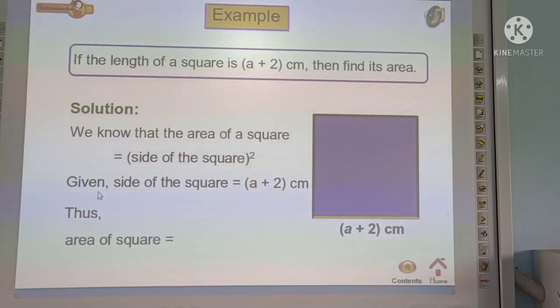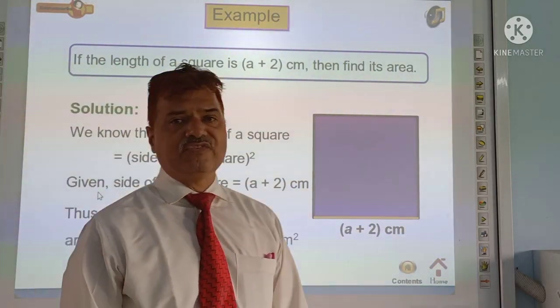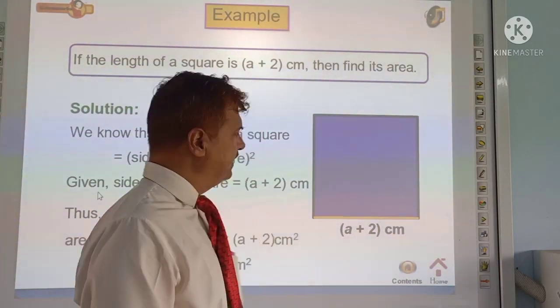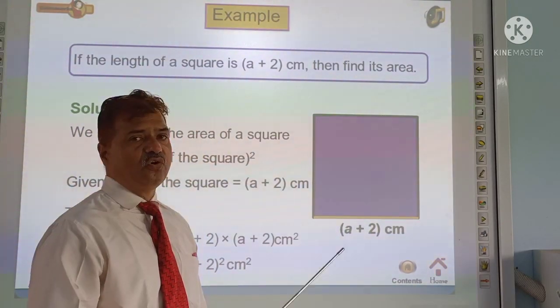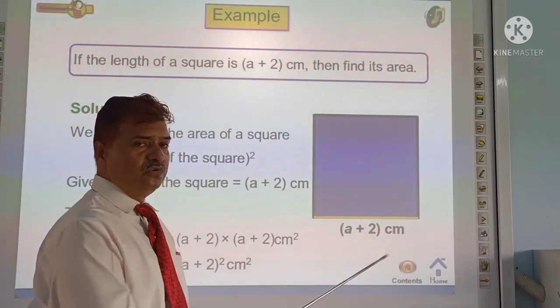Thus, the area of the square is (a + 2) multiplied by (a + 2) centimeters square, or (a + 2) whole square centimeters square. Area of a square is equal to side square. Here the side is a + 2. So, area is equal to (a + 2) whole square.